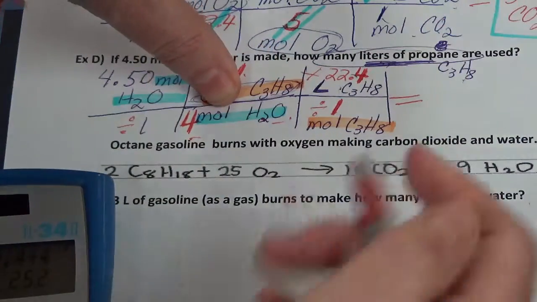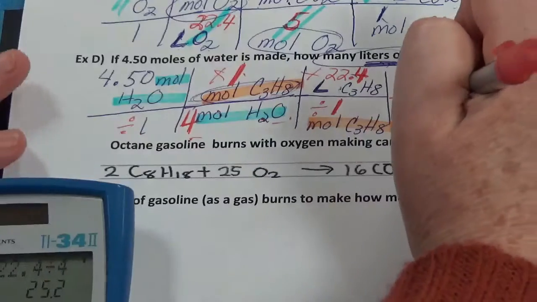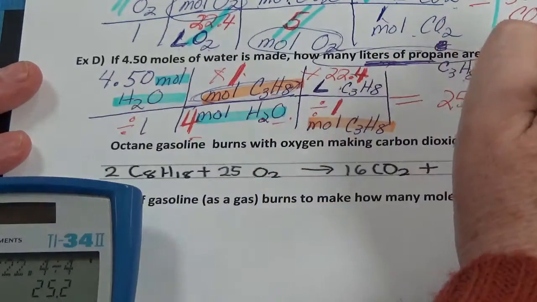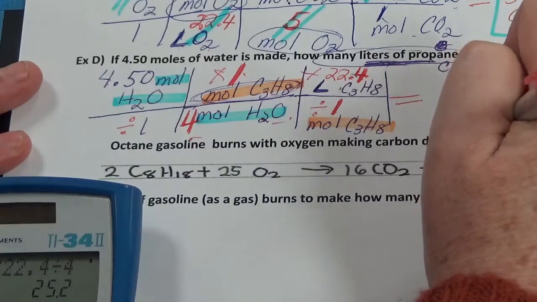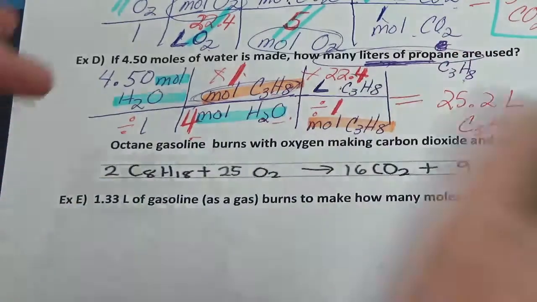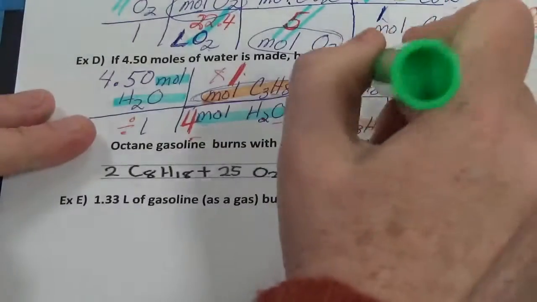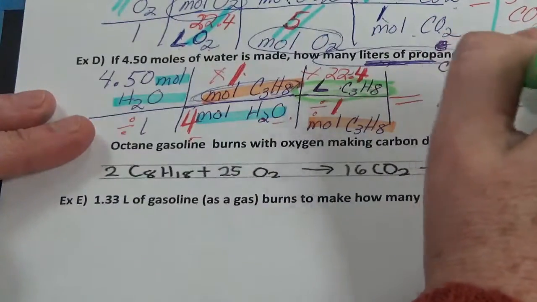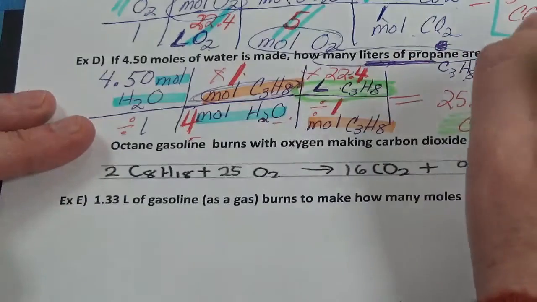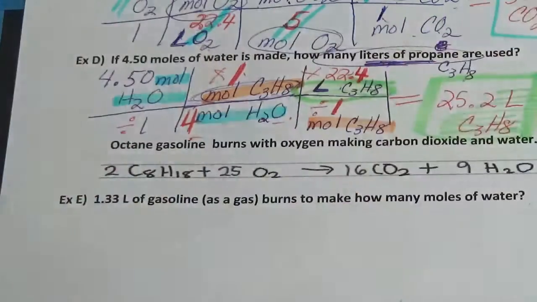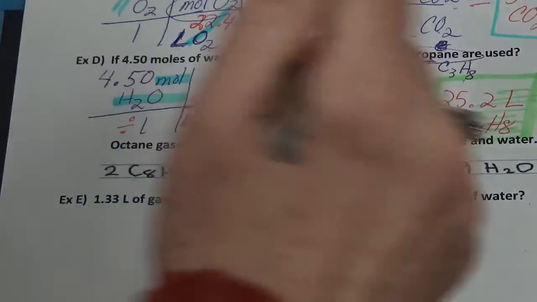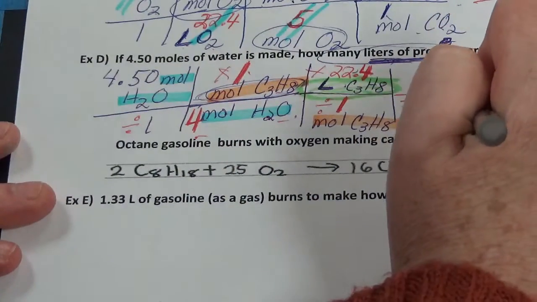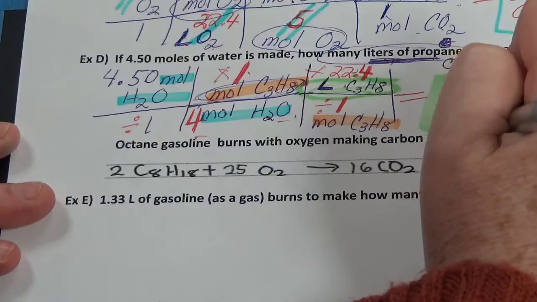So I can just say equals now. And the answer is 25.2 liters of C3H8 because it's the only unit that did not cancel out. All the other units canceled out, but liters of C3H8 did not. My final answer is 25.2 liters of C3H8.